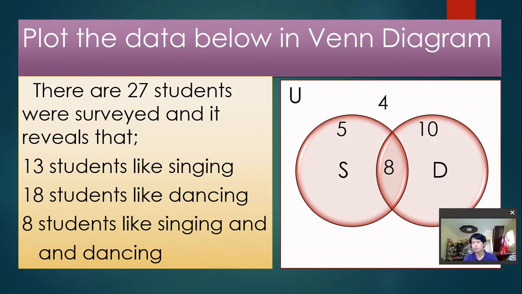So there are 4 students who are not involved in the two talents, the two skills. Where is the 4? The 4 are the students who are not involved in singing and dancing, and they are outside the 2 circles. That's 4.